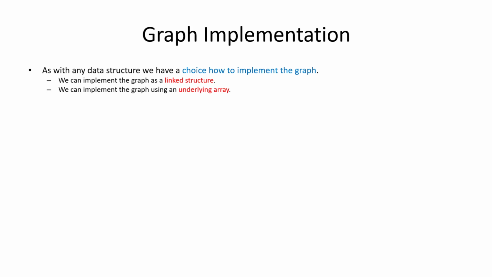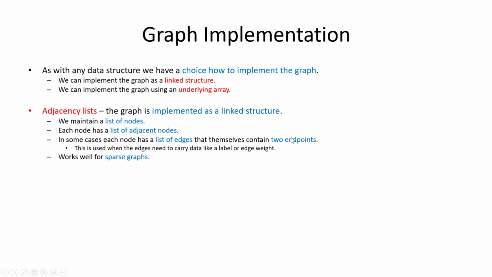Or we can somehow store the data in an underlying array, like an array list or the standard implementation of a heap or a map. We use an underlying array. So we really have this choice with our graph. Are we going to use a linked structure where we use references, or are we going to use an underlying array to just store something in a predefined order? And those result in two different kinds of implementation that we usually call adjacency lists and adjacency matrix.